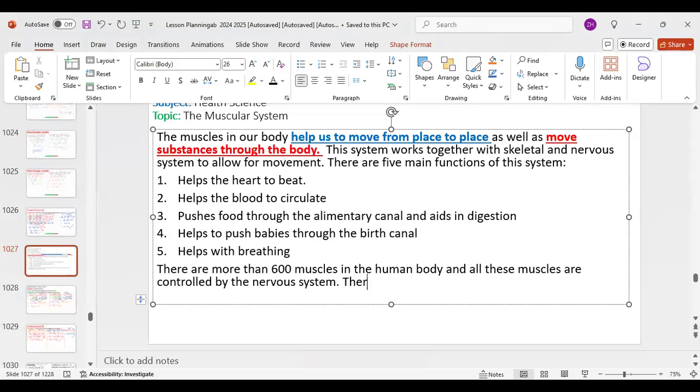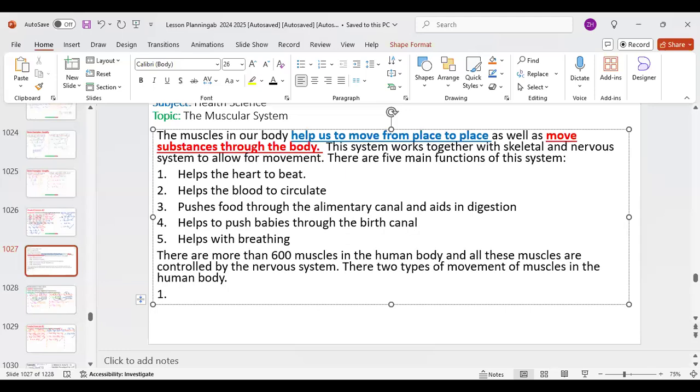So there are two types of movement of muscles. Do you know the 2 types in the human body? Involuntary and voluntary movement. Very good. The first one is involuntary movement.